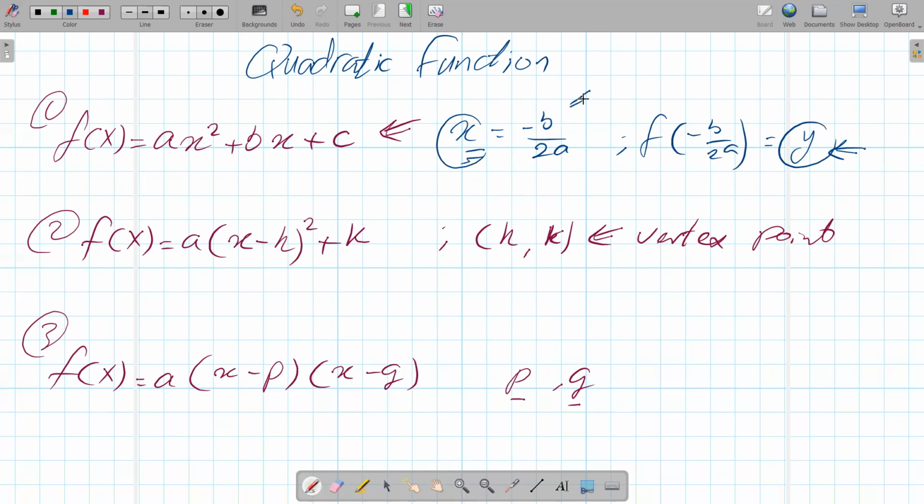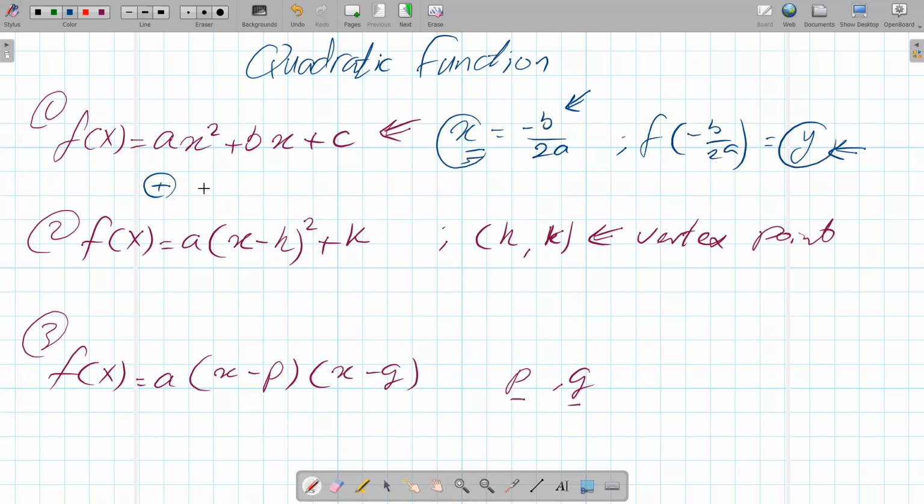And x equals negative b over 2a will represent the axis of symmetry.